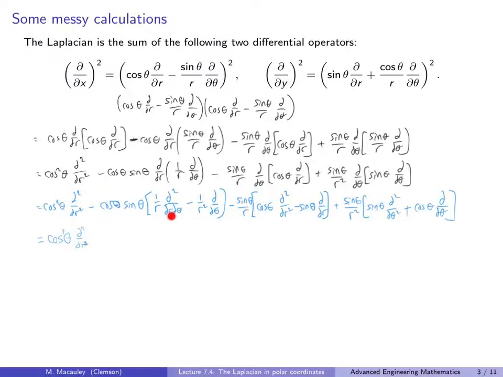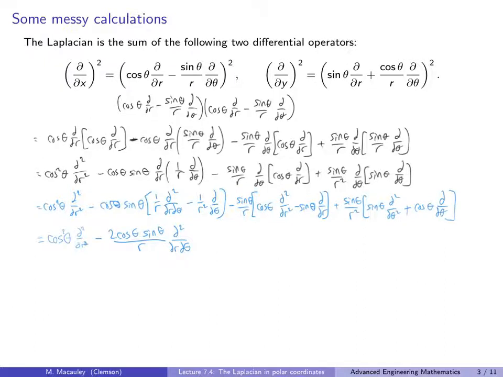I think we have another one of those. I saw, where was it? Here it is, cosine sine over r times the mixed partial. So this is going to be minus 2 cosine theta sine of theta over r times a mixed partial. That's d squared over dr d theta.